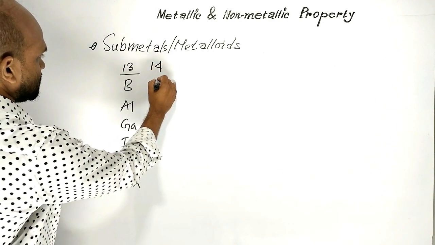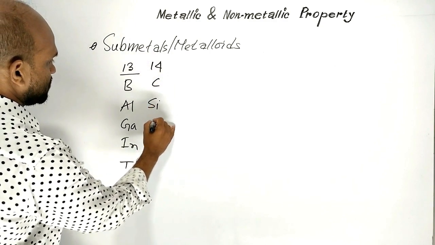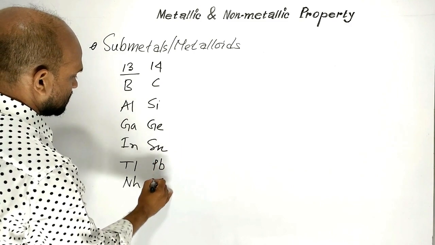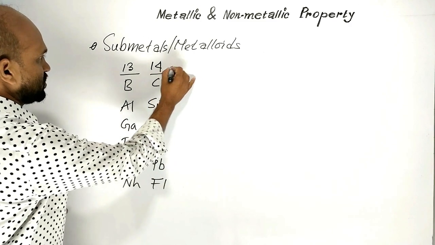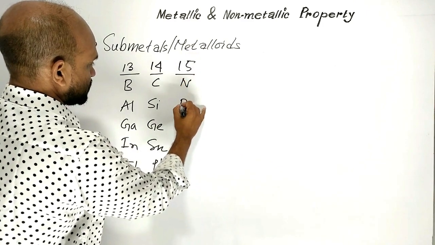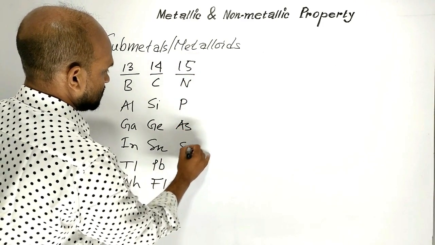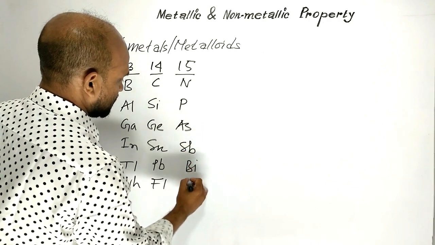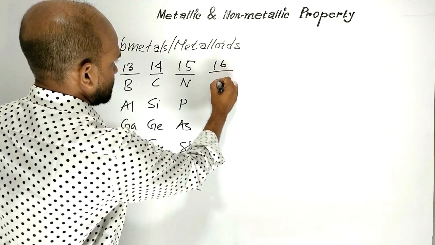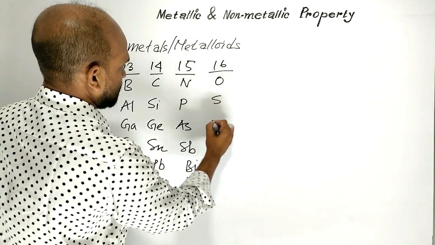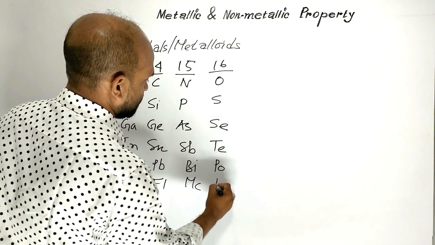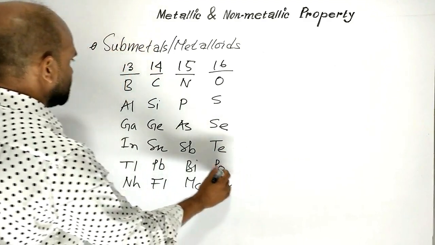Column 14, carbon, silicon, germanium, tin, lead, flerovium. Column 15, nitrogen, phosphorus, arsenic, antimony, bismuth, moscovium. Column 16, oxygen, sulfur, selenium, tellurium, polonium, livermorium.